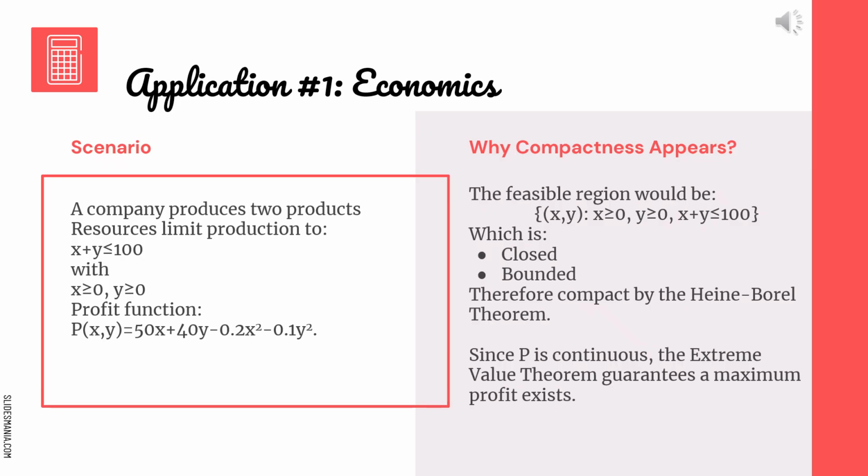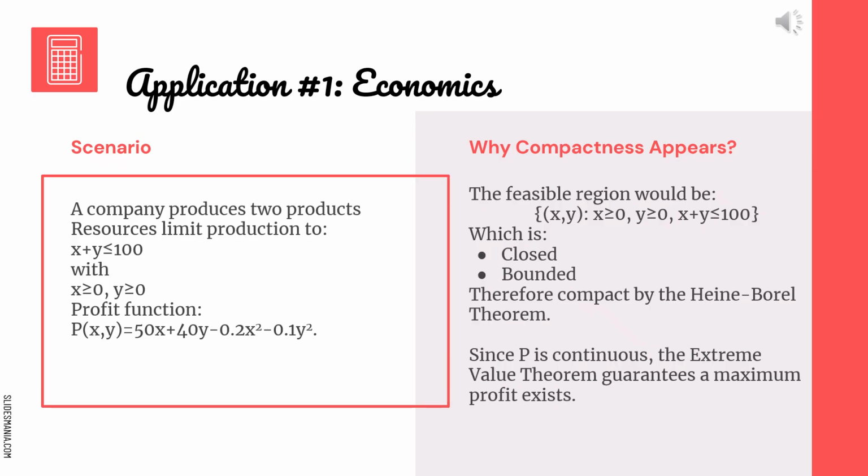So let's say you have a company that produces two products. The company itself limits the production to x plus y less than or equal to 100, x and y being the two products, with x greater than or equal to zero in the amount of products that they make, and y greater than or equal to zero.